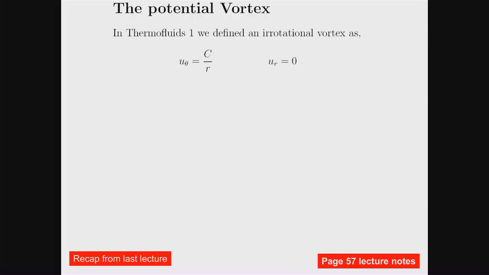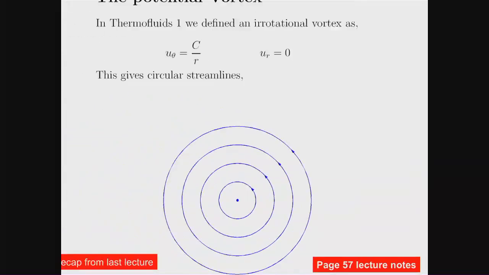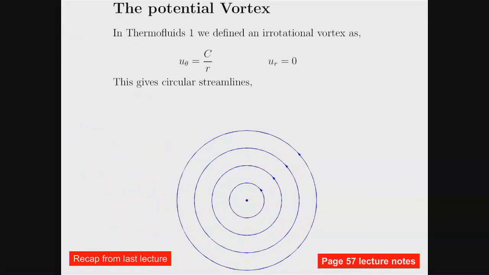We have defined our potential vortex so that it has only azimuthal velocity, which equals c divided by r, and has no radial velocity. And that gives you circular streamlines.